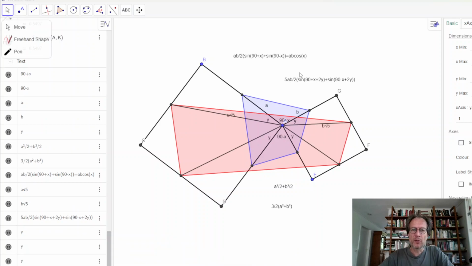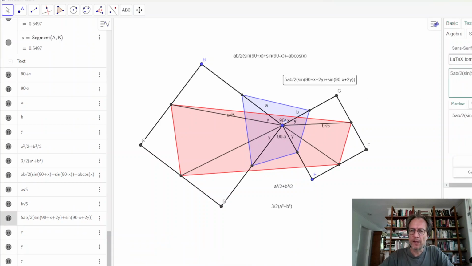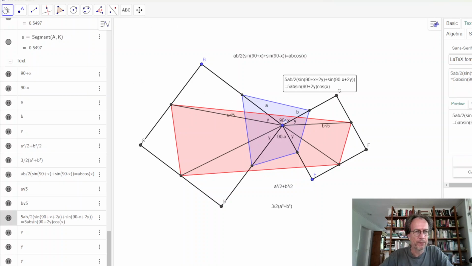Now we're going to use simple trigonometry to find that this is 5ab times sine of 90 plus 2y times cosine of x, using an elementary trigonometric rule.